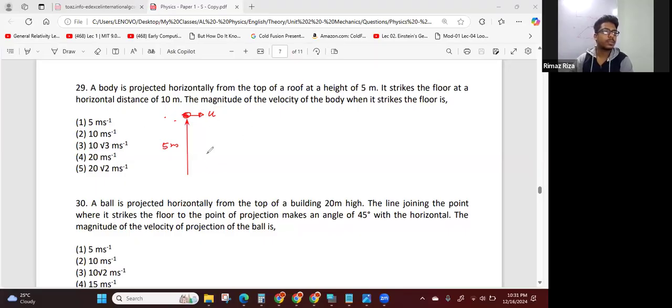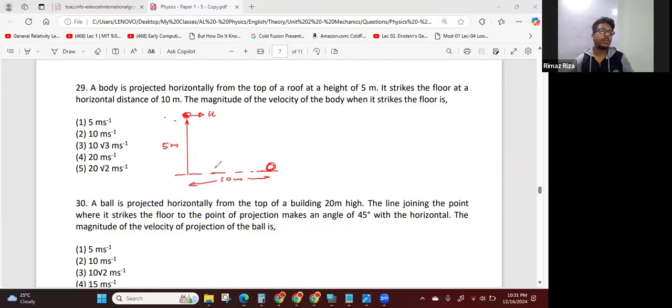The horizontal distance is 10 meter. So we want to find u.